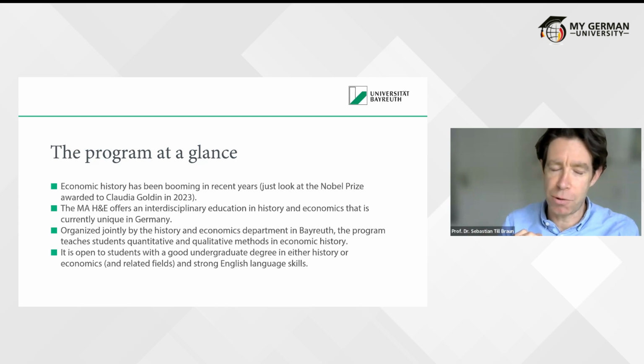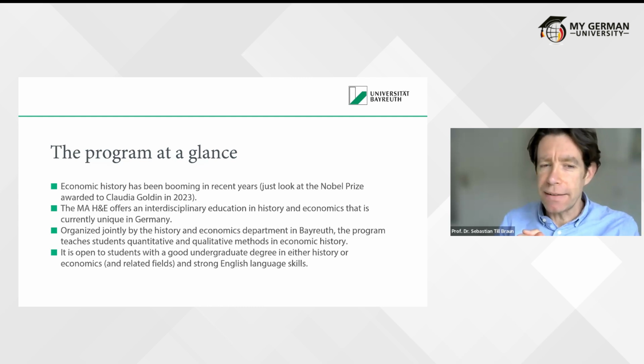So the Master Program History and Economics offers an interdisciplinary education in history and economics, which at least in Germany is quite unique. As I said before, this is a program that is jointly organized by two departments, the history and economics departments in Bayreuth. And what's important really is that in terms of the skills that you will learn, you will also learn the different methods that are used in the different disciplines.